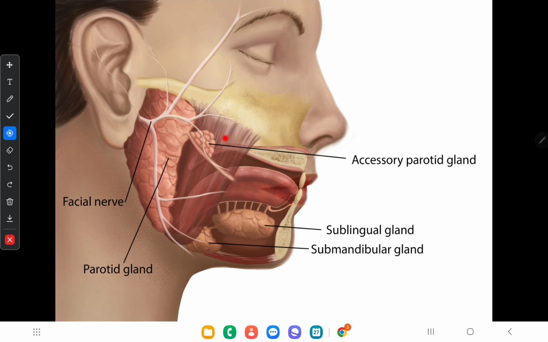So, at the anterior margin of the masseter muscle, it turns sharply medially to pierce the buccal pad of fat, buccopharyngeal fascia, and buccinator muscle as well as the buccal mucosa. It opens into the vestibule of the mouth at the level of the crown of the upper second molar tooth.